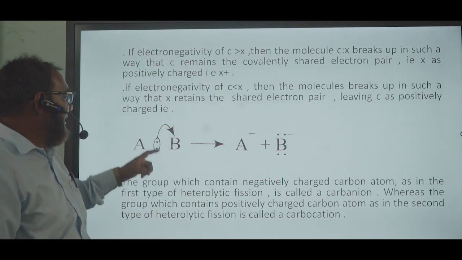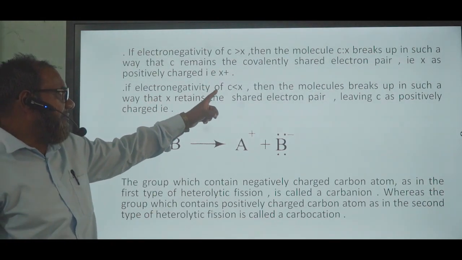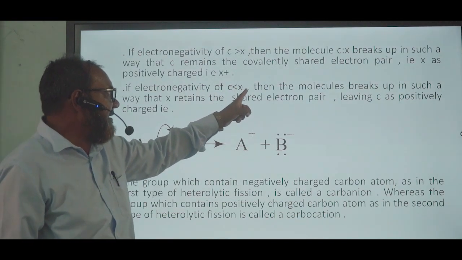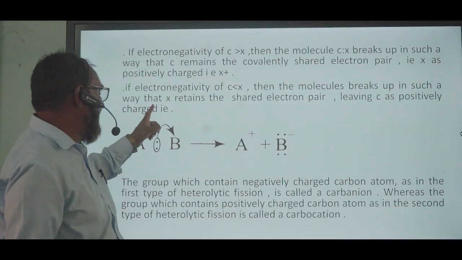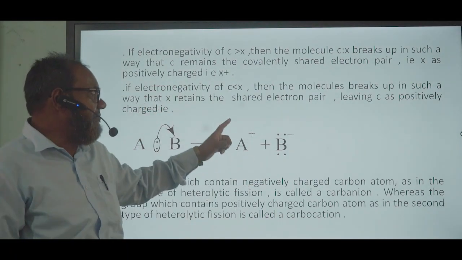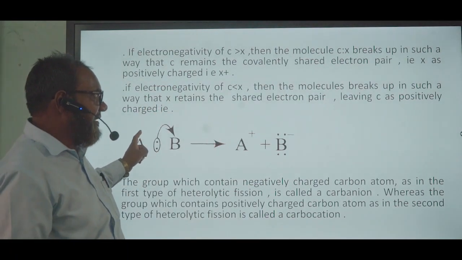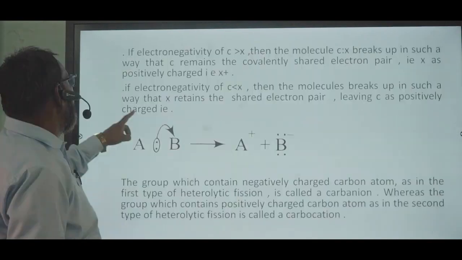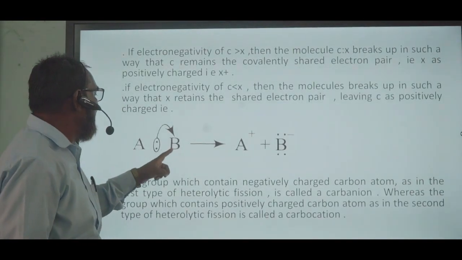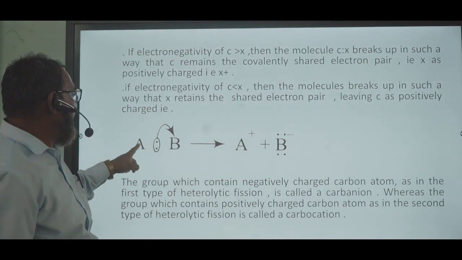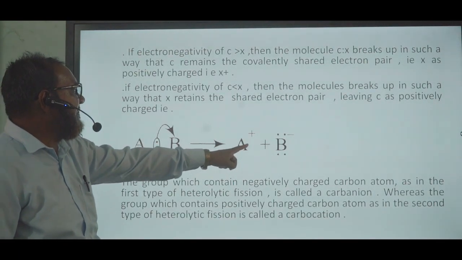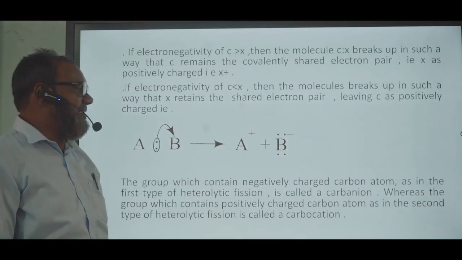And the second one is, if the electronegativity of carbon C is less than X, then the molecule breaks up in such a way that X retains the shared electron pair, leaving carbon, that is C, as positively charged. That is, A bond B breaks in such a way that A will be positively charged and B will be negatively charged.